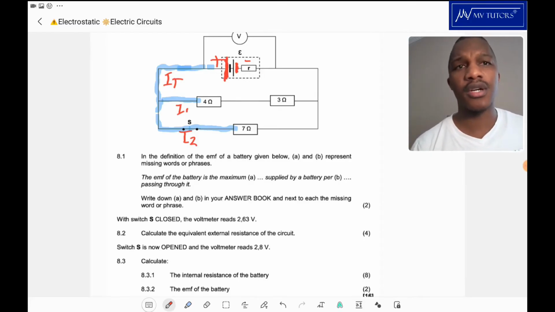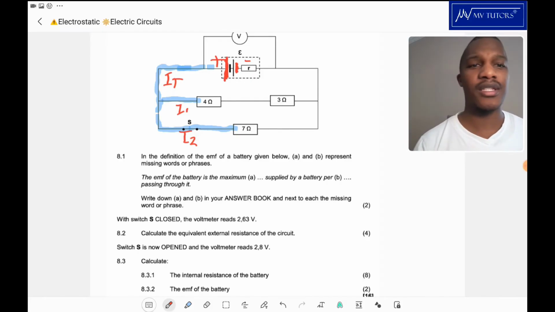So the total is current 1 plus current 2. If the switch was open, the total current would equal current 1 only, but it's closed, meaning that current is flowing through too.